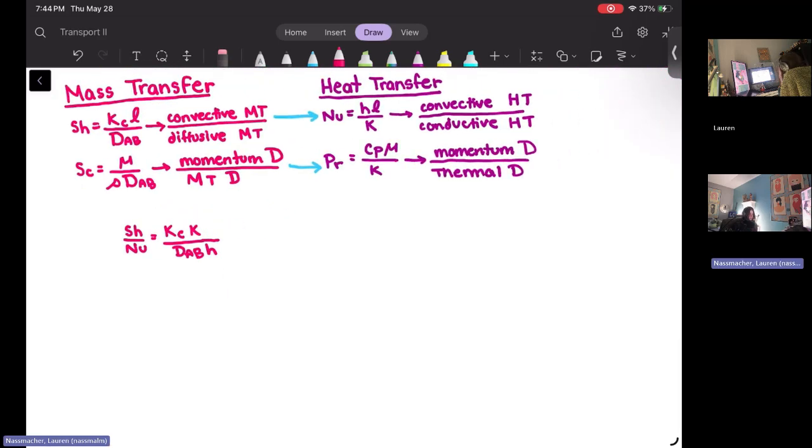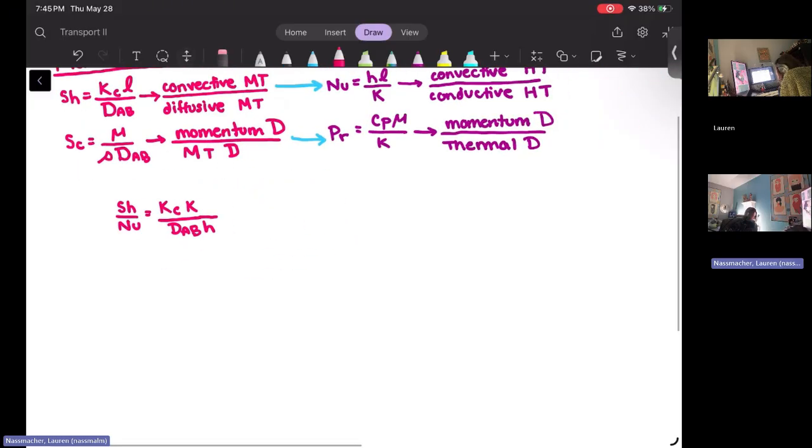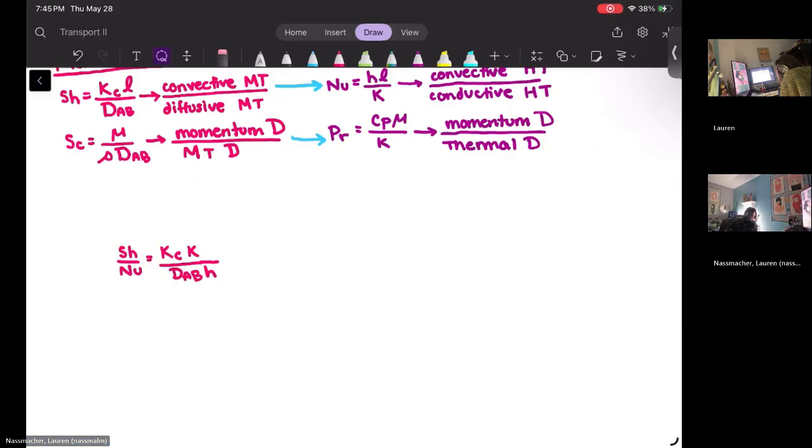In some studies, they proved that the Sherwood number can be related back to the Schmidt number, and the Nusselt and the Prandtl number can be related back to each other as well in a different equation. And that equation is the Sherwood number is equal to a constant multiplied by the Reynolds number to the 1/2 power multiplied by the Schmidt number to the 1/3 power.